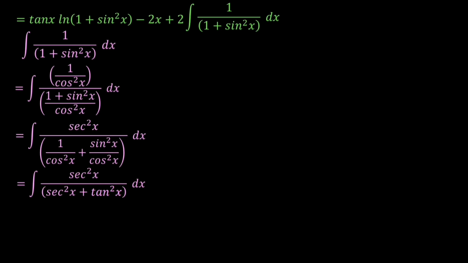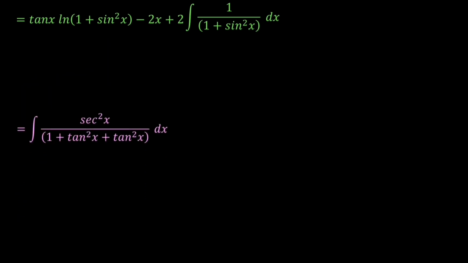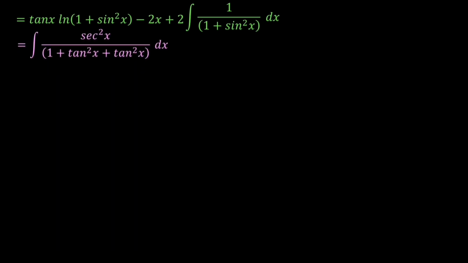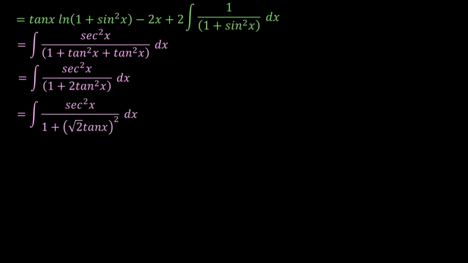Sec² x we can write as 1 + tan² x. Then we have in the denominator 1 + 2 tan² x. 2 tan² x we can write as (root 2 tan x) perfectly squared. To simplify this integral, we can give a substitution.